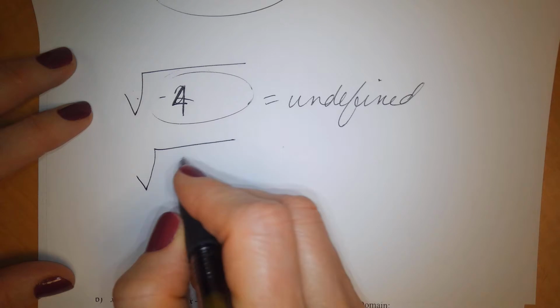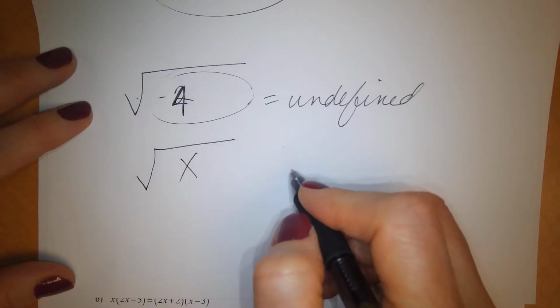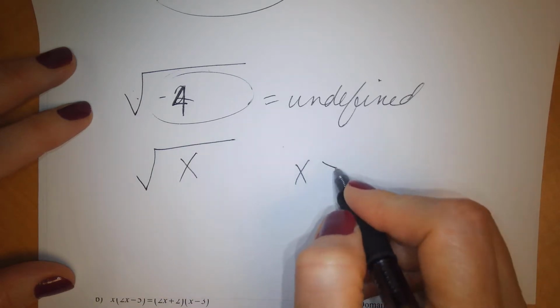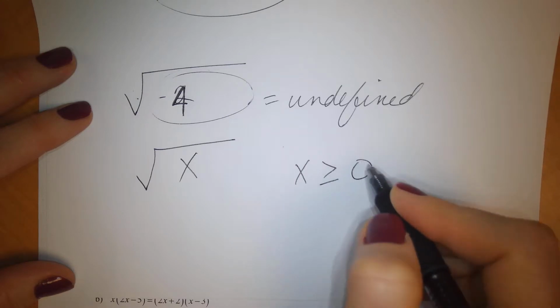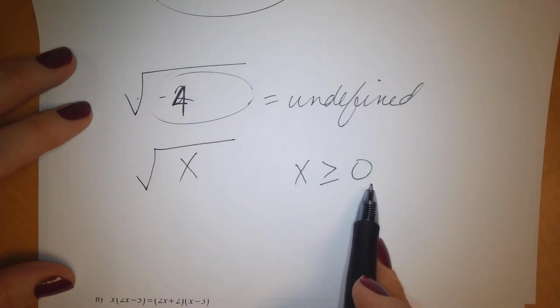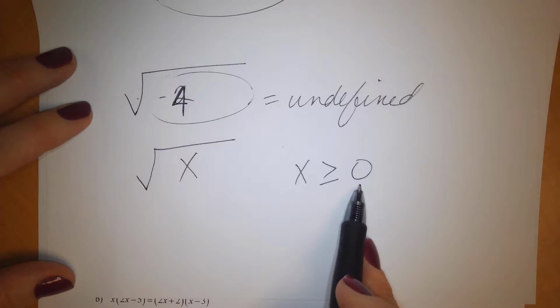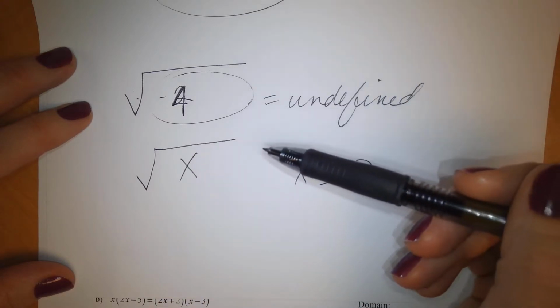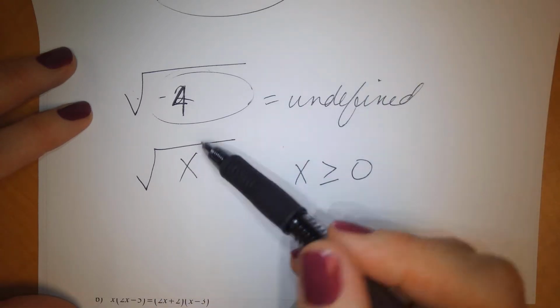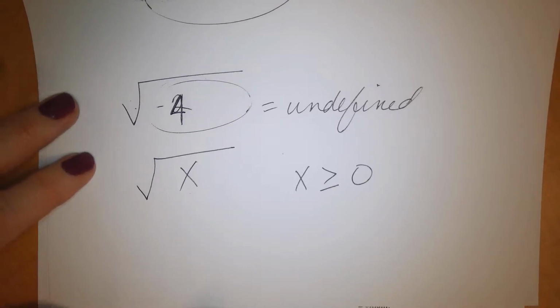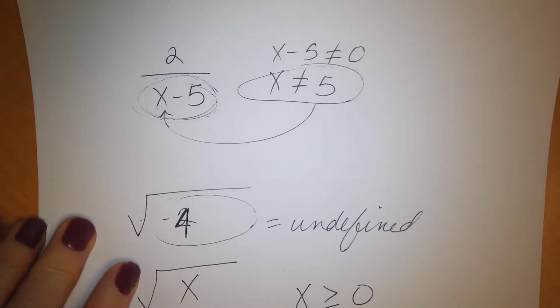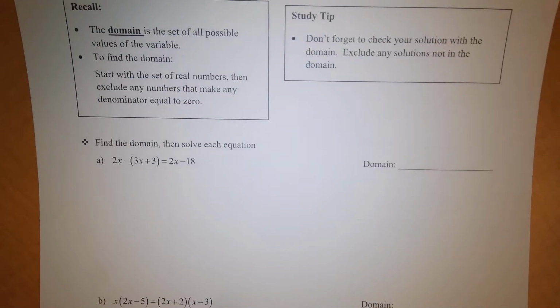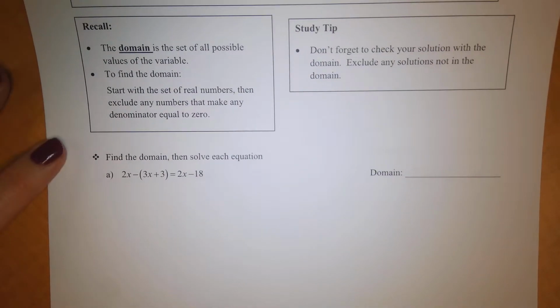Therefore, if I put an x underneath a square root, I would say x has to be positive or 0. So x has to be anything that is greater than or equal to 0. If I put anything negative in here, I will get that error message. So those are the 2 things you should be looking for: even roots, which cannot be negative, and also denominators, which cannot be 0. Those will be the 2 things we'll be looking for when we're asked to find domain.